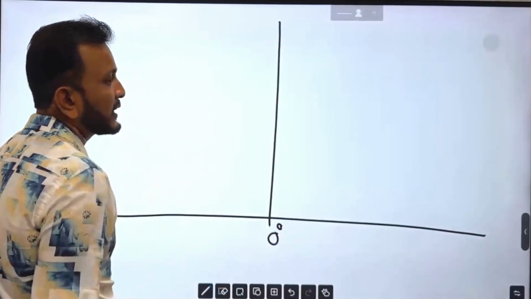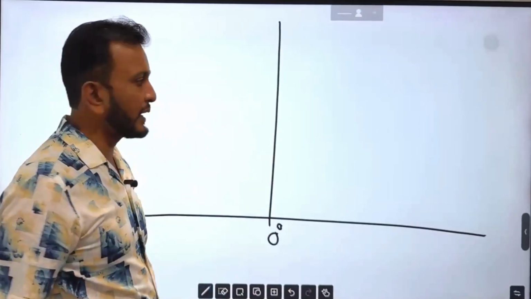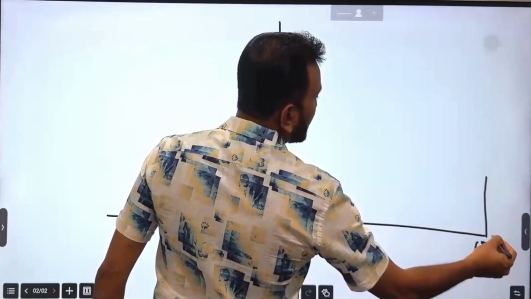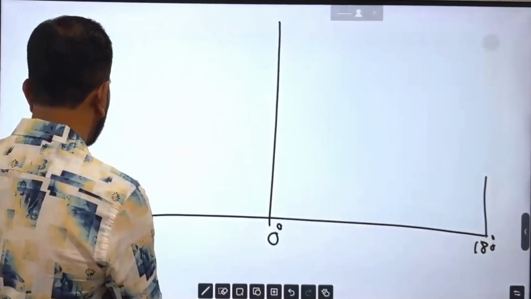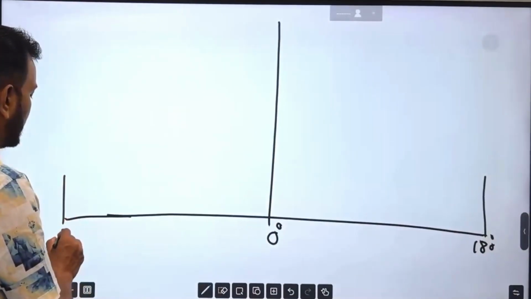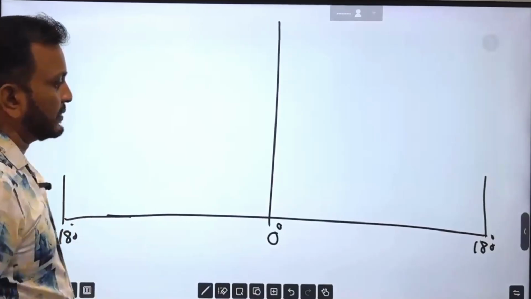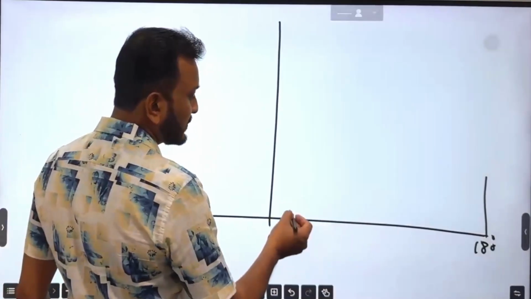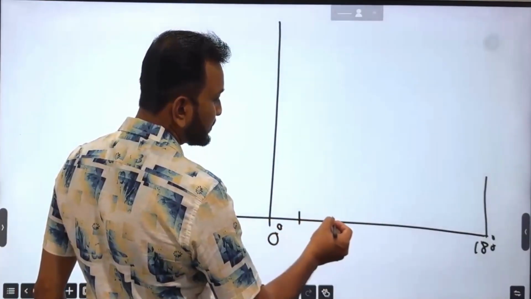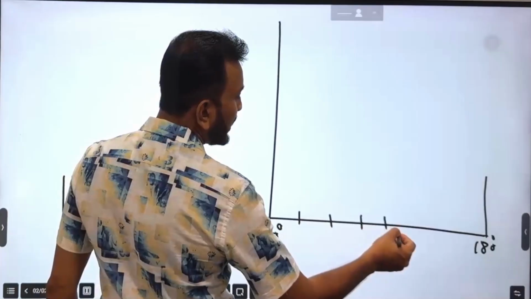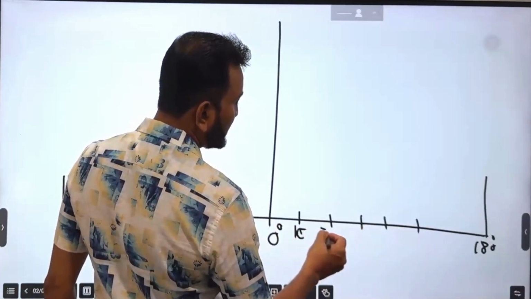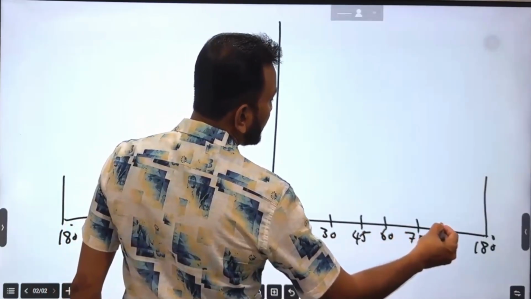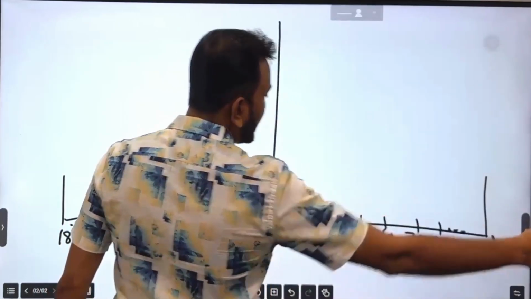This is the 0 degrees longitude line, Greenwich Meridian. There are 180 longitudes from the east and 180 from the west. Then these 180 longitudes are divided into 12 time zones: 15, 30, 45, 60, 75, 90, like that.